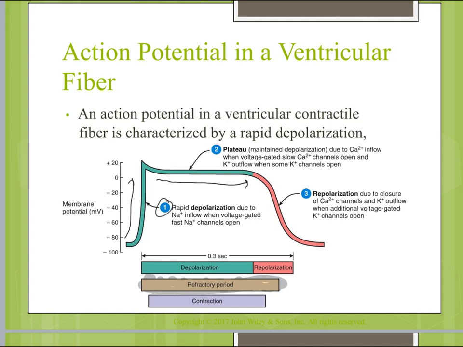So outflow of potassium when additional voltage-gated potassium channels open brings us back down to resting membrane potential. Now, once we're back down into our RMP range, we are into a relative refractory period where, yes, another action potential can come and stimulate another cycle up, down, and across and down. Perfect.